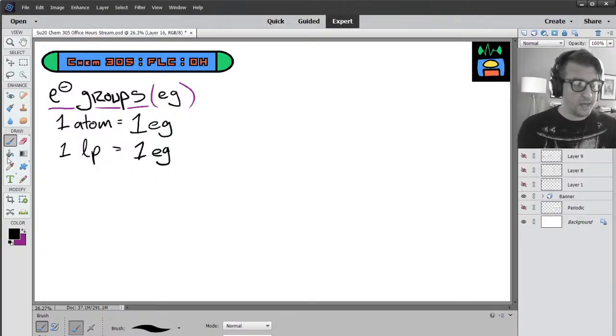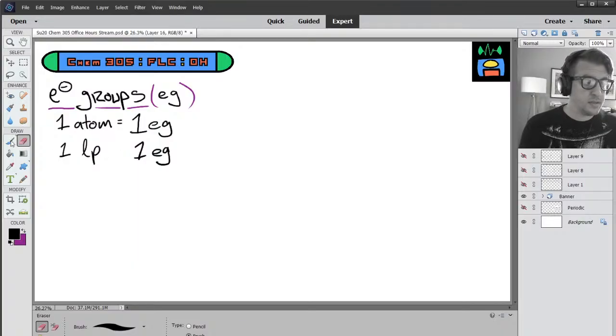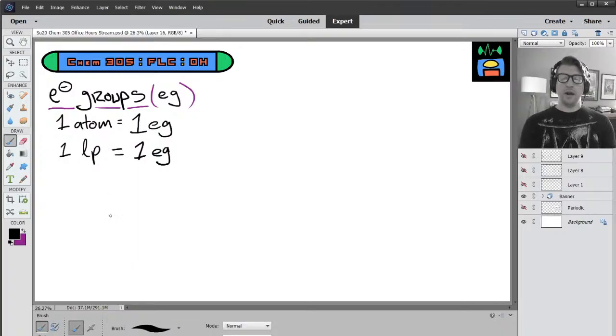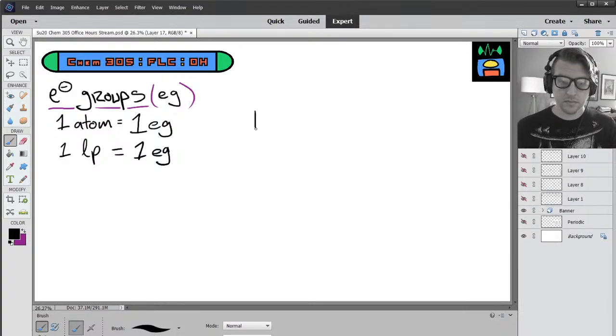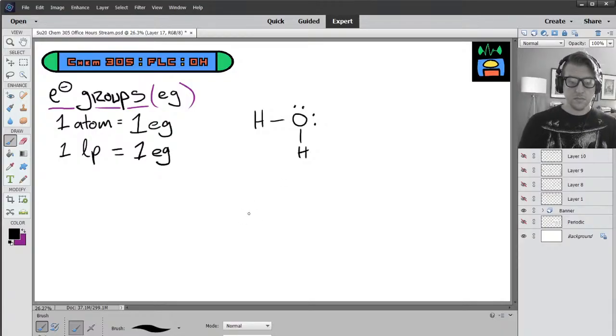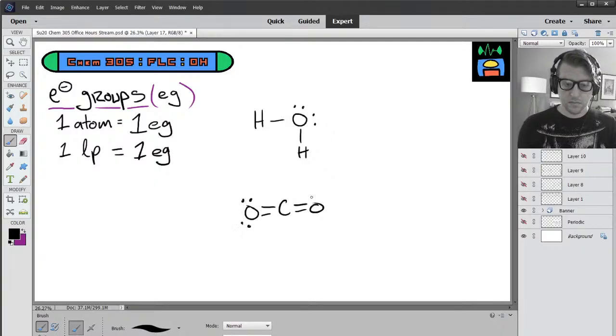So with this in mind, if I gave you some molecules and asked you, how many electron groups are around the central atom? Let's do it for these molecules.